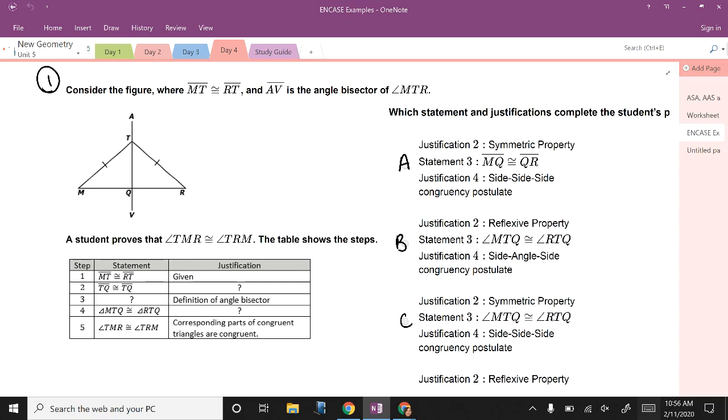All right, discuss it with each other. Y'all need to make sure. You mean sides? Yeah. You can use that side. No. You're not going to need that. You could, but you're not going to.